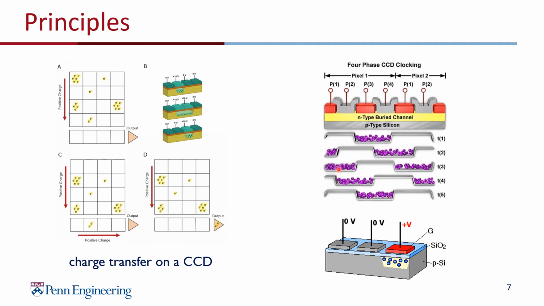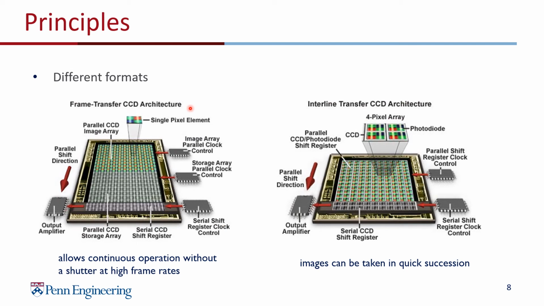To try to minimize these limitations, we have several different CCDs. The first example is called frame transfer CCD architecture. In this example, half of the pixels are not for exposure. They're called the storage array. While this storage array is being read by the system, the image array above it is ready for the next exposure.